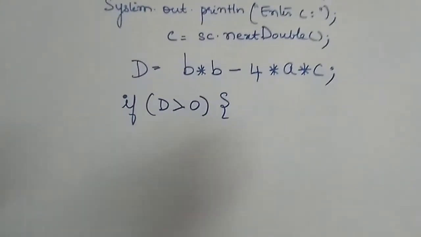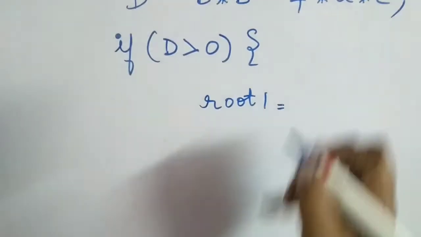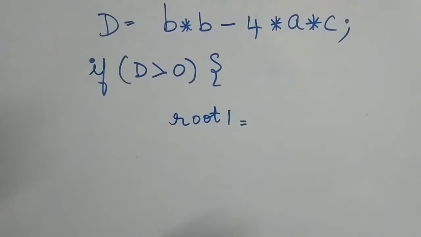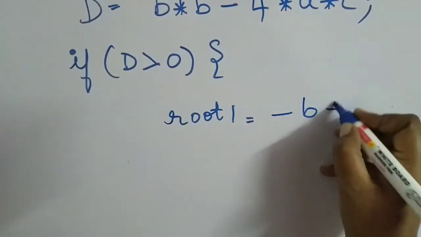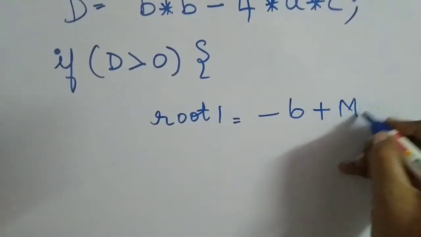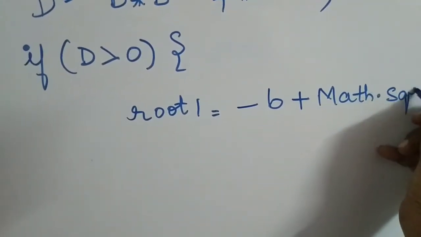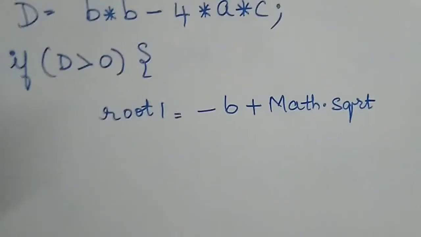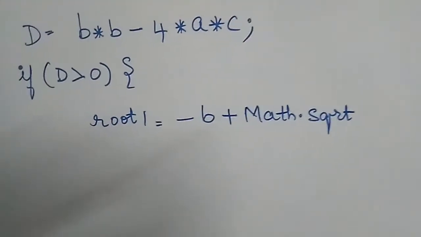Now there are two roots to be calculated. So I am saying root 1 is equal to, so what is root 1? We have a formula, which is minus B plus the square root. To use square root, I have to say math.sqrt. Since sqrt is a static method, I have to use it with the class name.